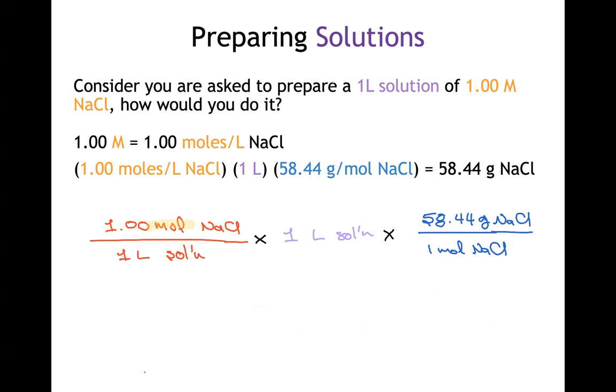Right? So liters of solution cancels out with liters of solution. Moles of NaCl cancels out moles of NaCl. Right? So you end up with 58.44 grams of sodium chloride.